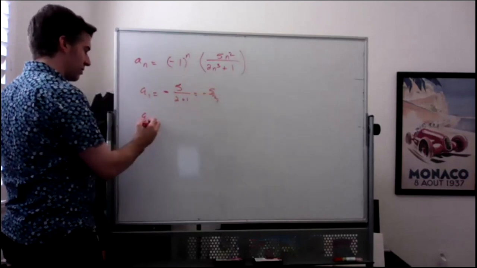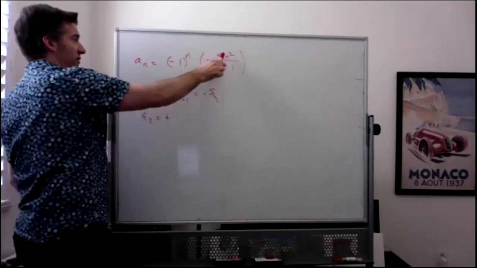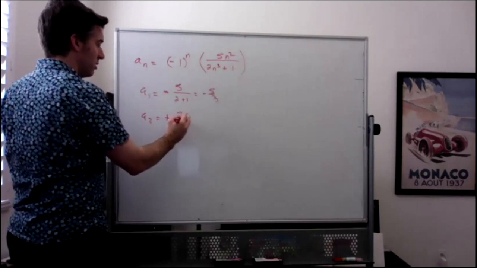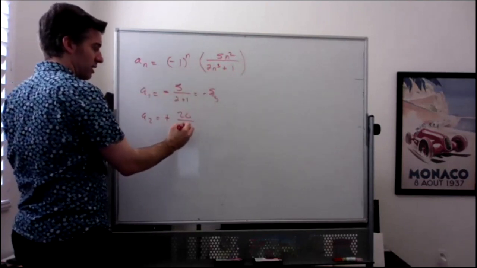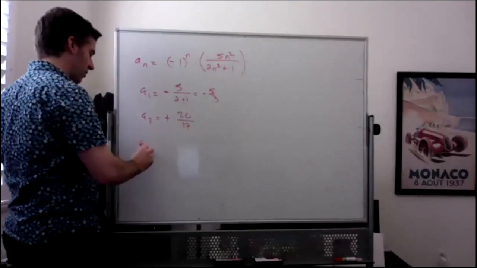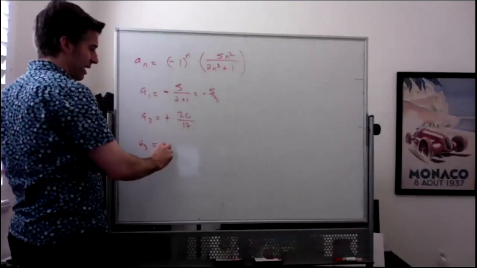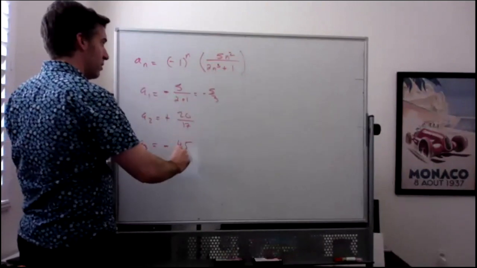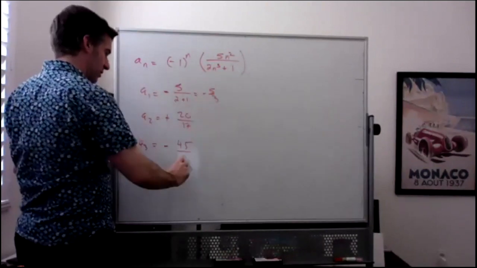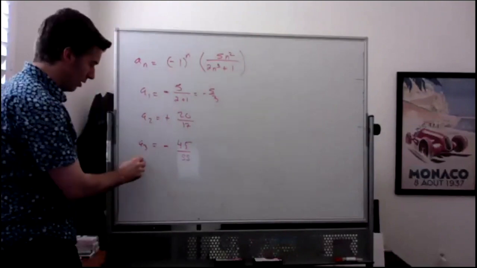My second term is going to be positive: 5 times 2 squared is 20, over 2 times 2 cubed is 8, times 2 is 16, plus 1 is 17. And then the third term is going to be negative: 5 times 9 is 45, over 2 times 27 plus 1 is 55, and so on.